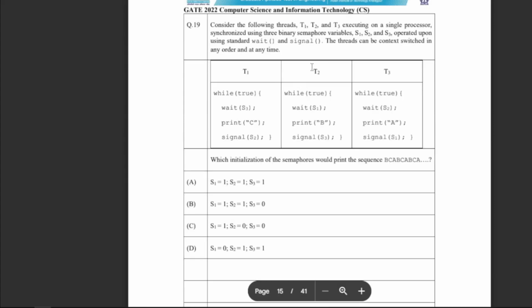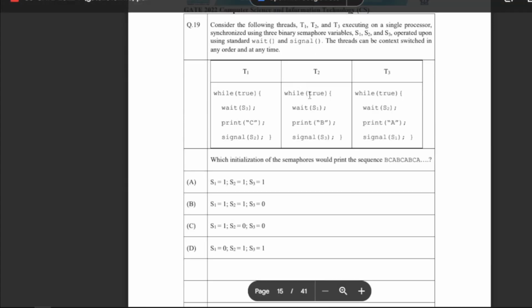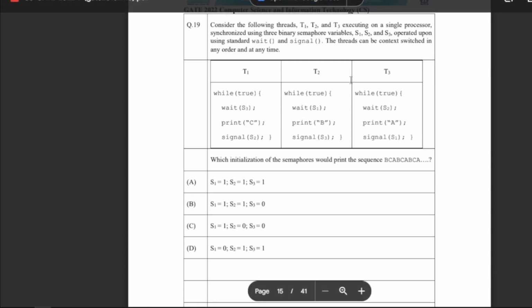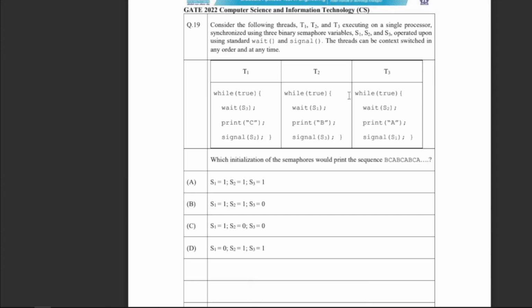Next question is, consider the following threads T1, T2 and T3 executing on a single processor, synchronized using three binary semaphore variables S1, S2 and S3 operated upon using standard wait and signal. The threads can be context switched in any order and at any time.